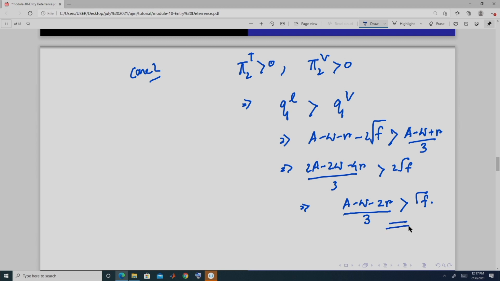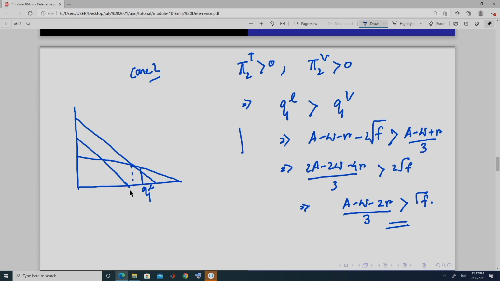So, if this is the case, then what do we see? Here QL is somewhere here. It is this.